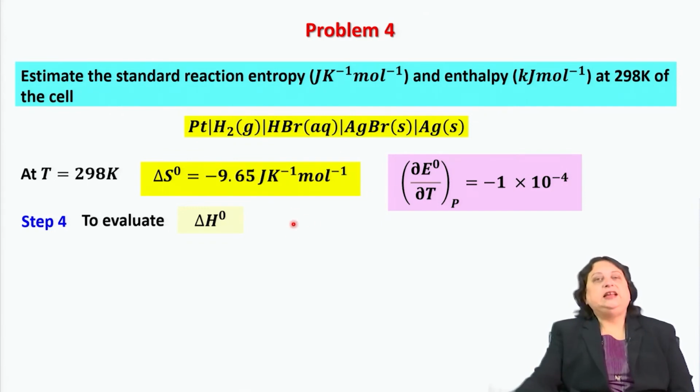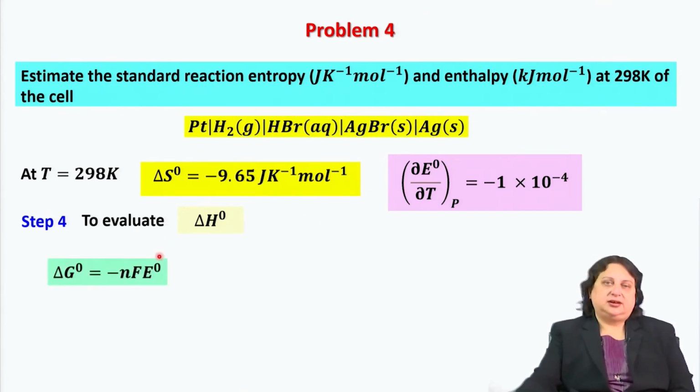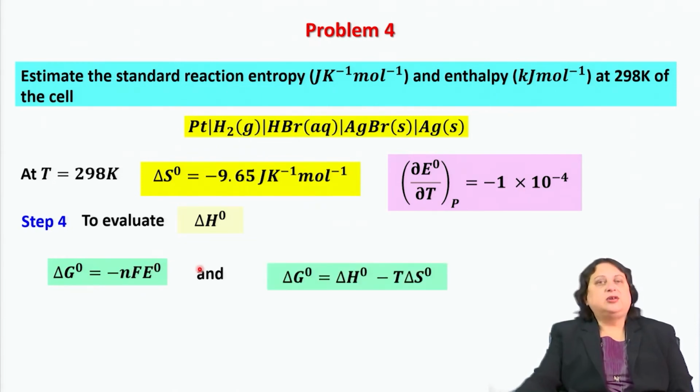So, to evaluate delta H naught, I will just try to recall that the standard reaction Gibbs free energy is equal to minus nF E naught for this electrochemical cell, and I also know that delta G naught is equal to delta H naught minus T into delta S naught, and therefore, by knowing E naught as a function of temperature and knowing delta S naught, which involves del E naught by del T at constant pressure, I should be able to find out delta H naught.